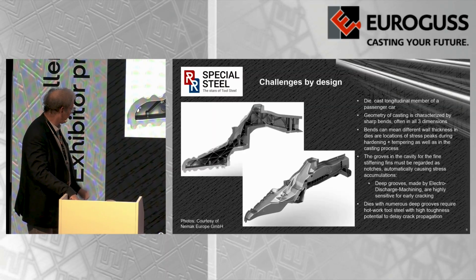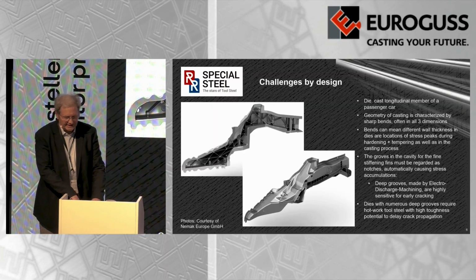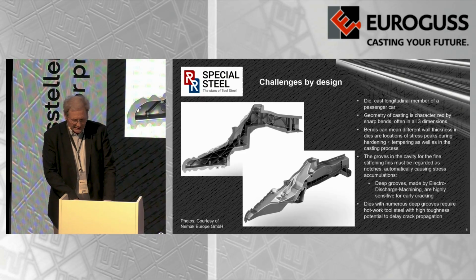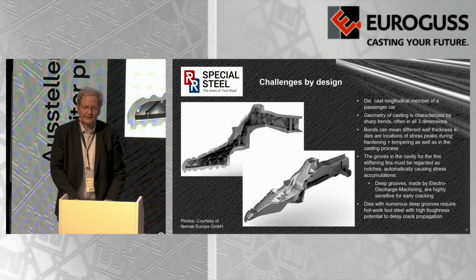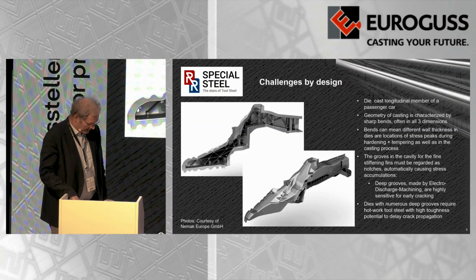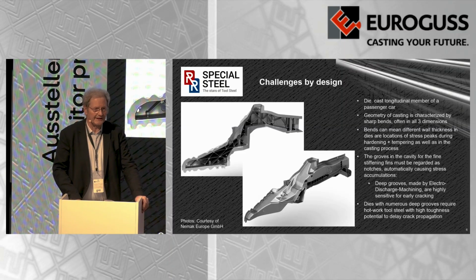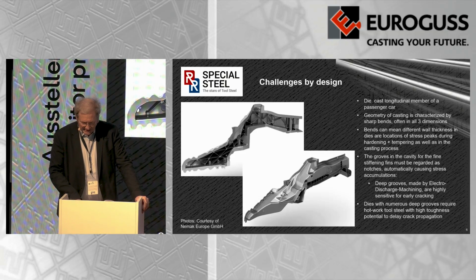These two photographs of a die-cast longitudinal member of a passenger car illustrate the challenges by design very well. On the one hand, we see very many sharp bends in the geometry, often in all three dimensions.